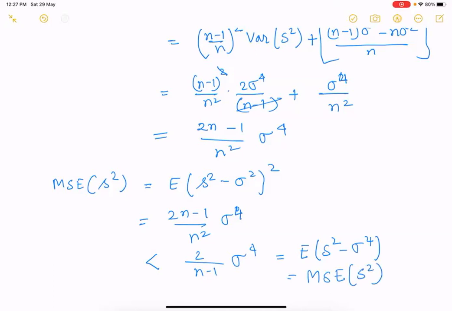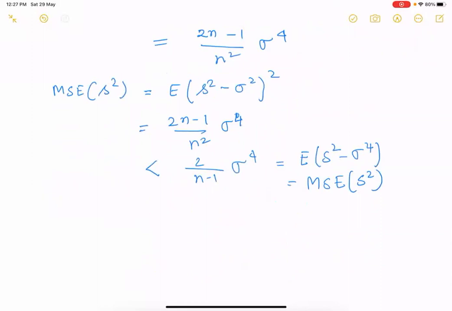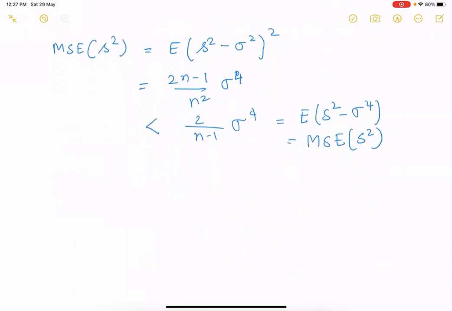So it turns out that though the maximum likelihood estimator of sigma square is biased, it has a better property in the sense that its mean square error is less.